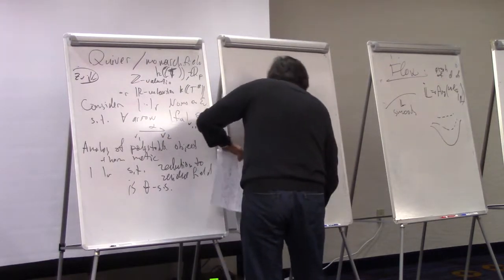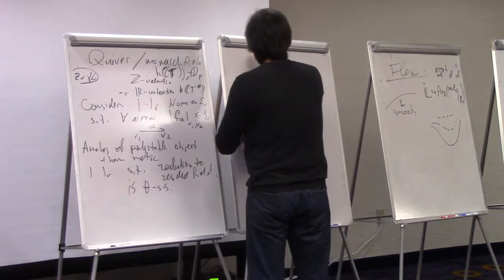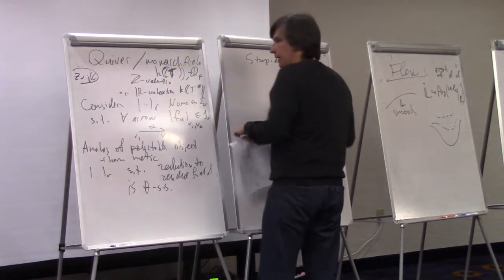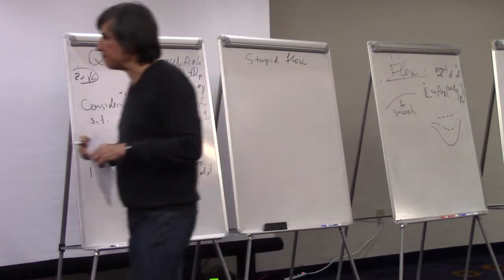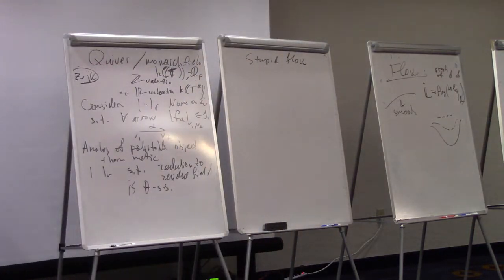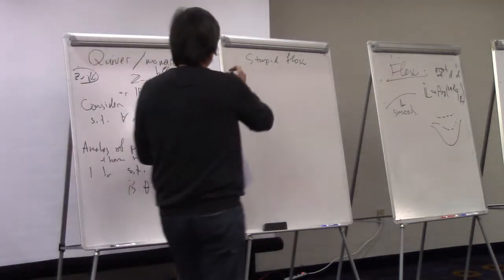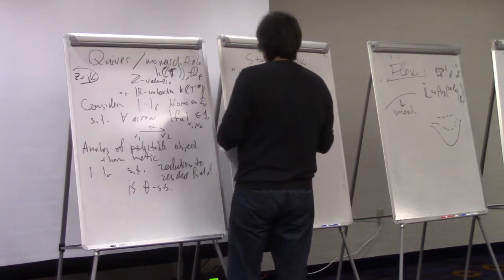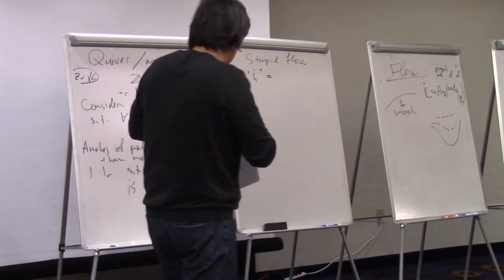And here there's a very stupid flow, kind of really stupid flow, namely in the following way. So we should write some kind of equation like this. So now think about the following.